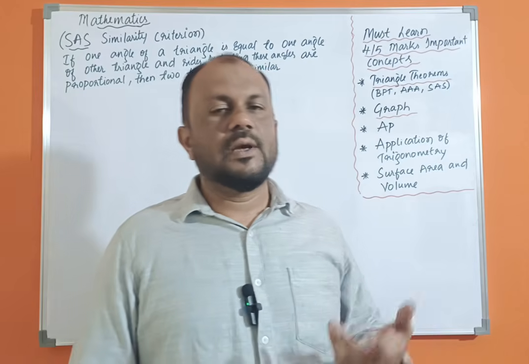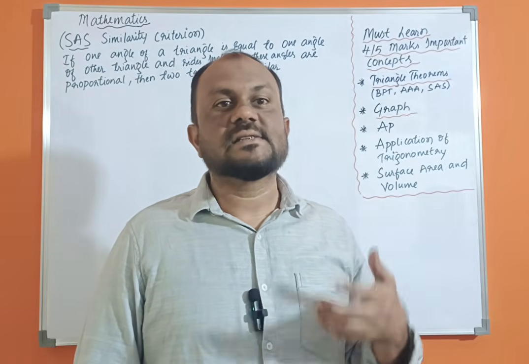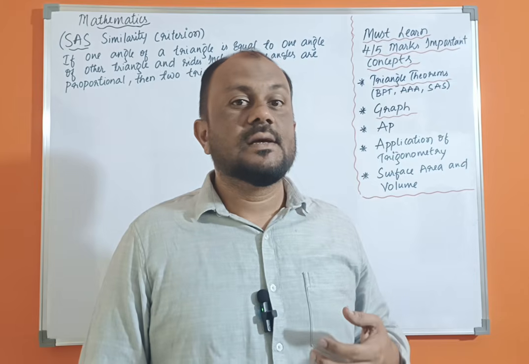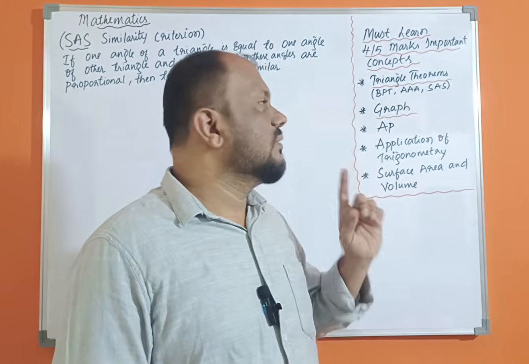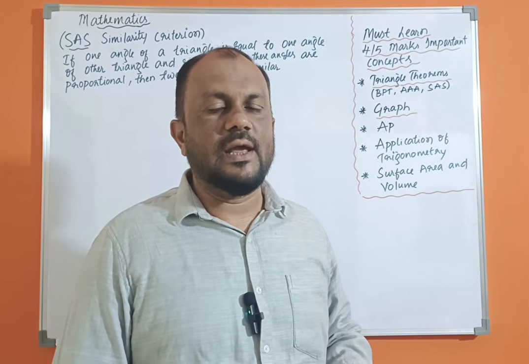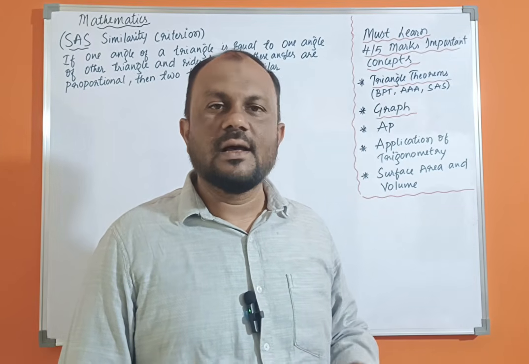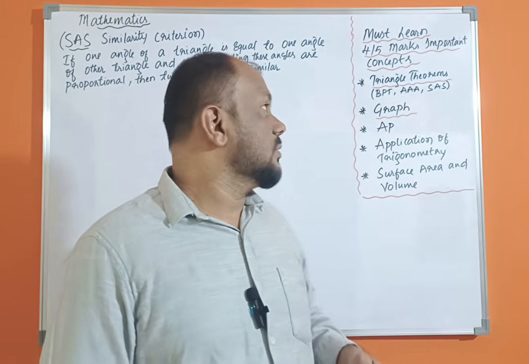You can prove any one theorem, but if SSS and SAS are the options, you may find difficulty writing. For that reason I am going with SAS. It is also the easiest, almost similar to the AAA similarity criterion. Quickly we will learn this one, and after that we'll continue to the graph.